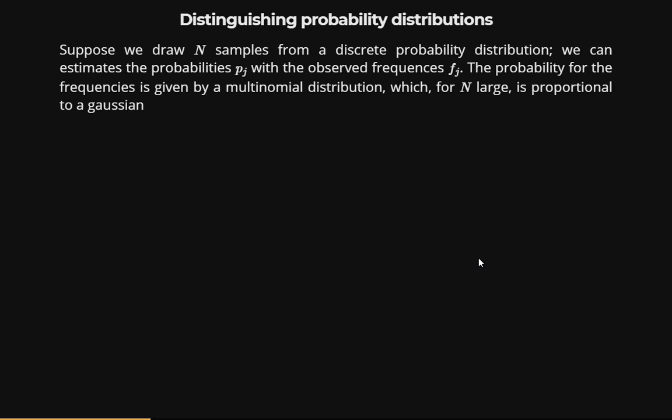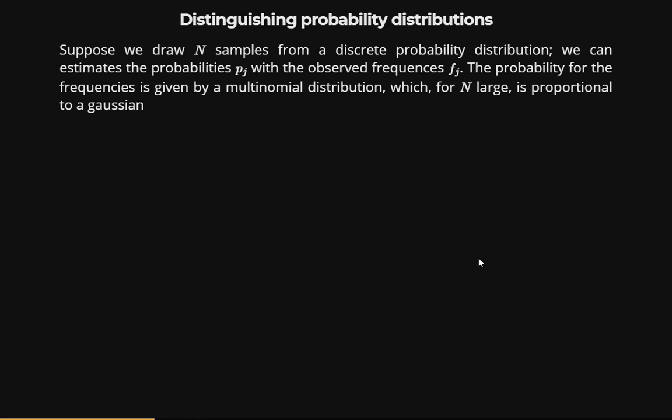Now, let's talk a bit about how we can tell apart probability distributions. So let's say we have a discrete probability distribution and we draw n samples from that probability distribution. We can estimate the probabilities with the frequencies. It's just common.